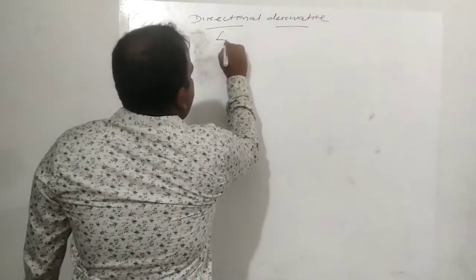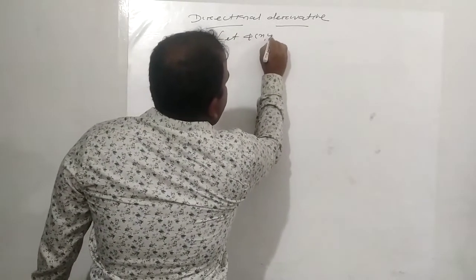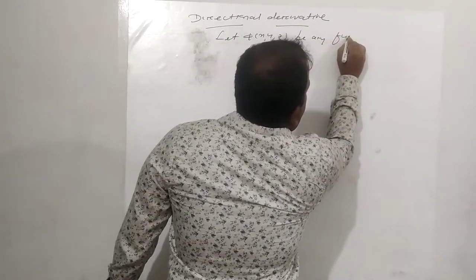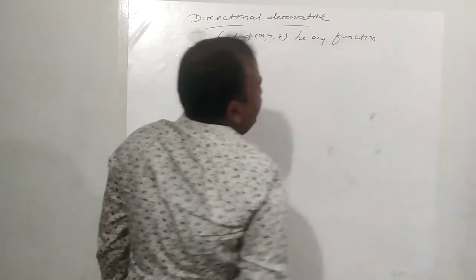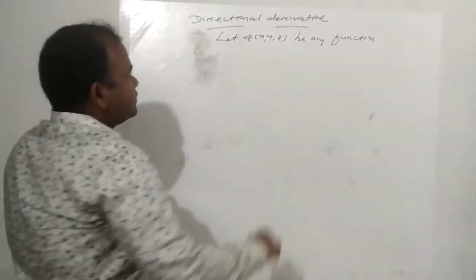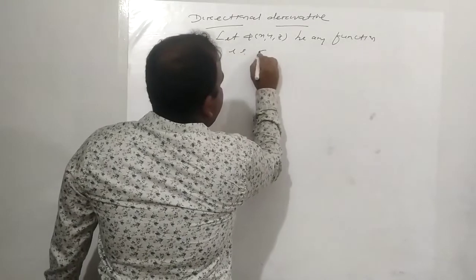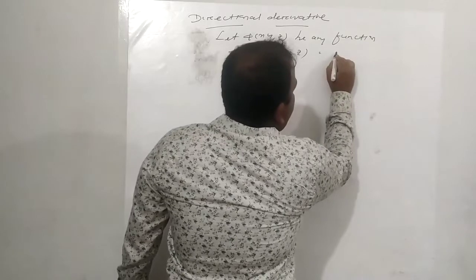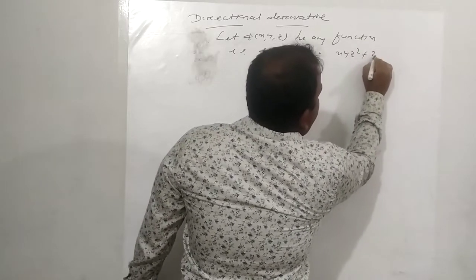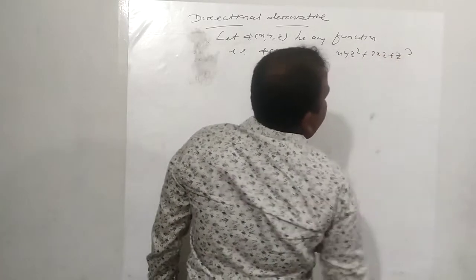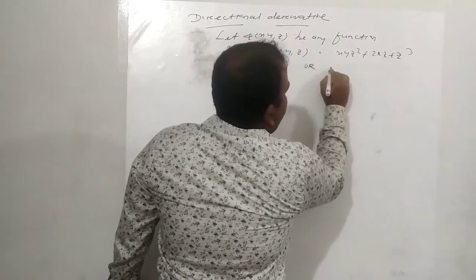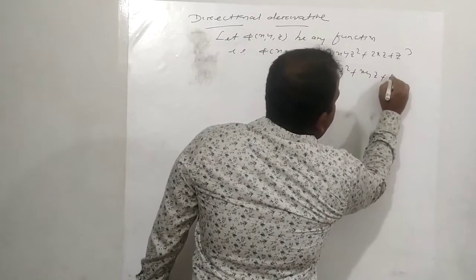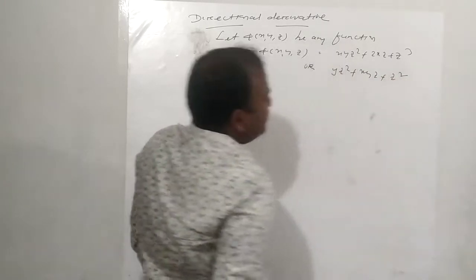Let phi of x, y, z be any function, that is, phi of x, y, z equals x y z square, 2xz plus z cube, or yz square plus xyz plus z square.